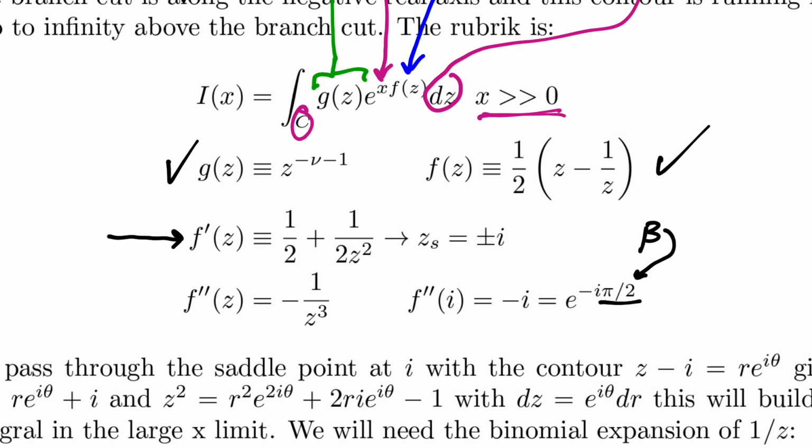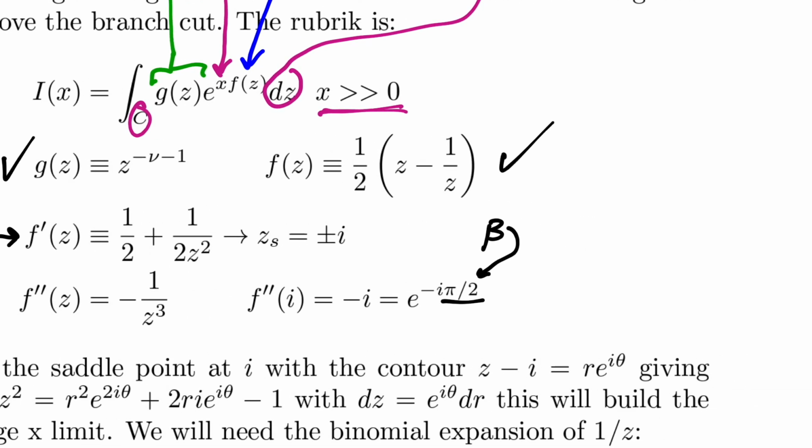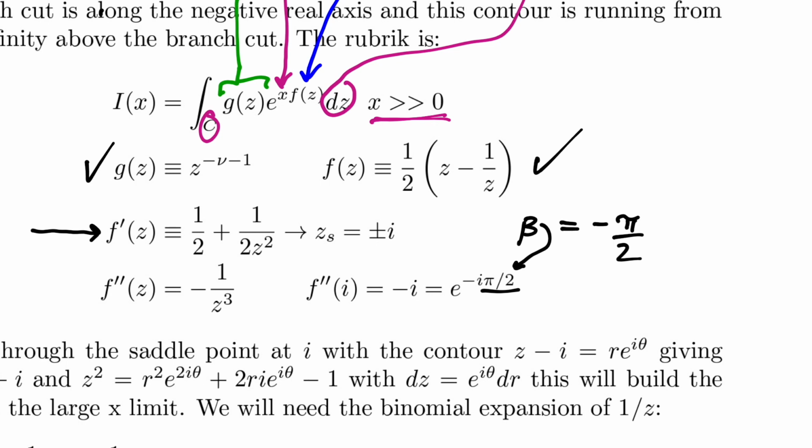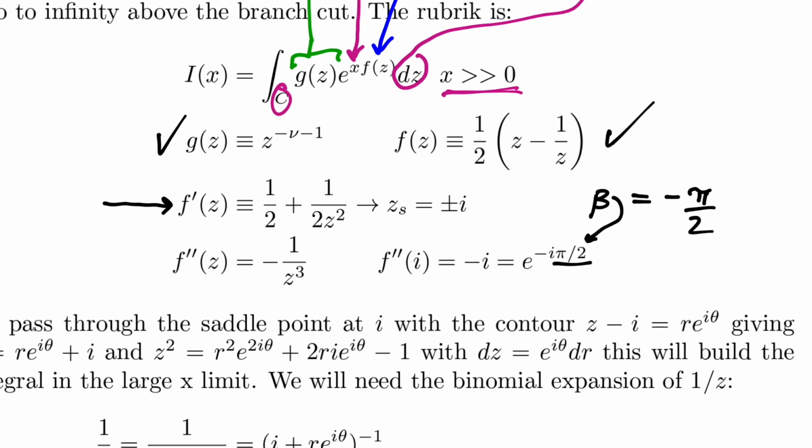Pi over 2 is the beta, actually minus pi over 2 is the beta, right? So I guess I could write beta equals minus pi over 2, based on the way this is all defined in our formula. But this is what we need to get through the formula. We need to know the saddle points, and we need to know these functions.